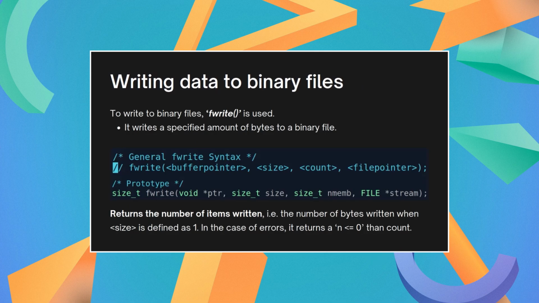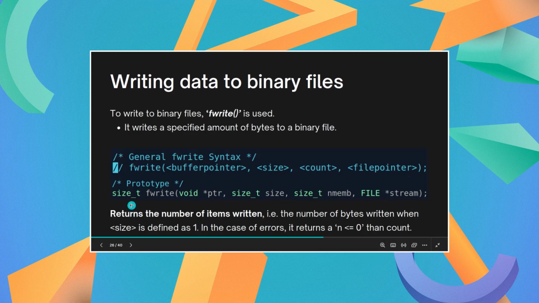The general syntax for fwrite uses a buffer pointer, a size, a count, and a file pointer, which its function prototype accepts: a pointer, the size of elements, the count, and of course, the file pointer that we're working with.